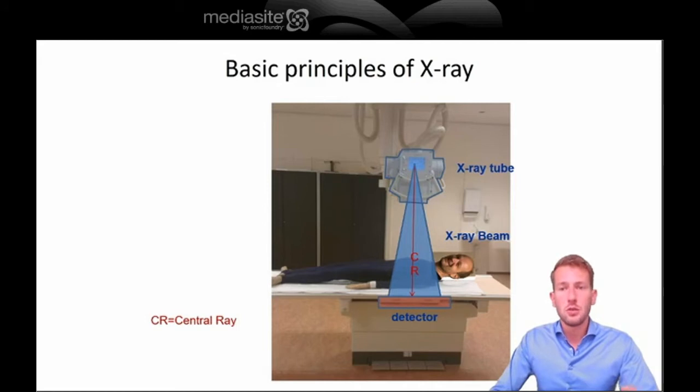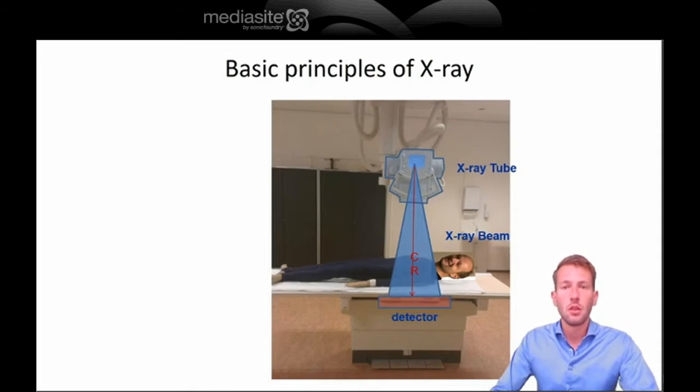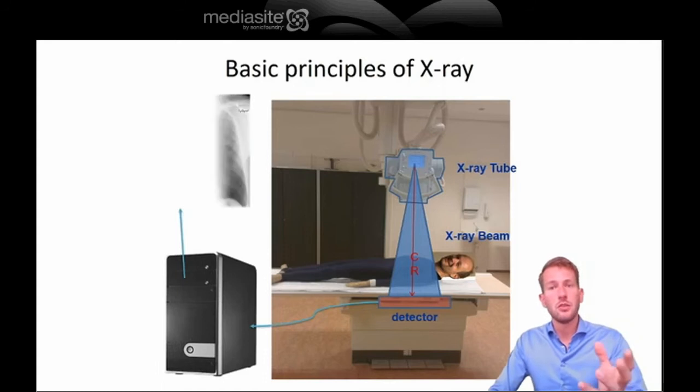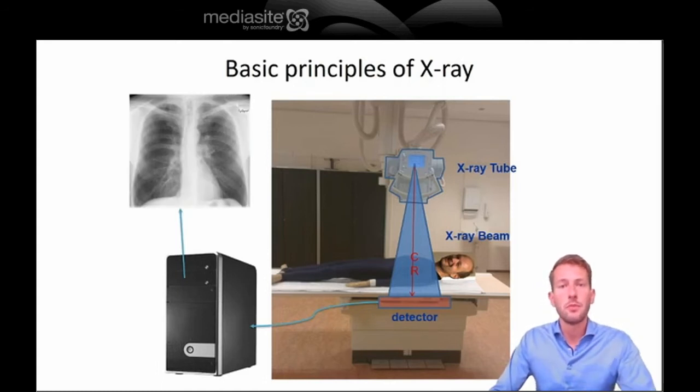This detector is used to capture these X-rays and convert them into a digital signal. From this detector, the digital signal is transmitted to the computer, which shows this signal as an image on the monitor or viewing station. How this works, we will come back to later this year.